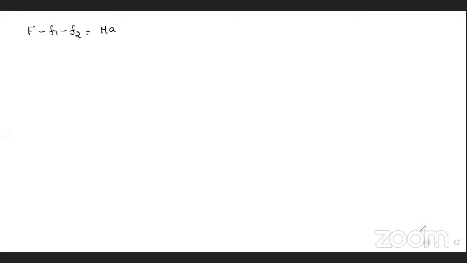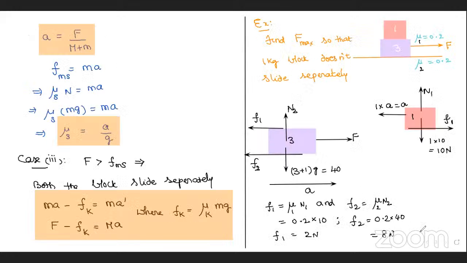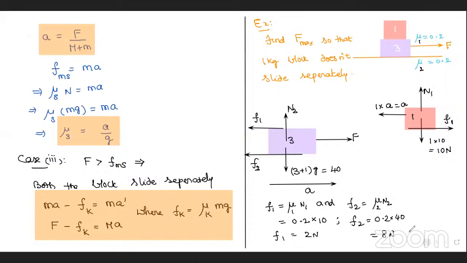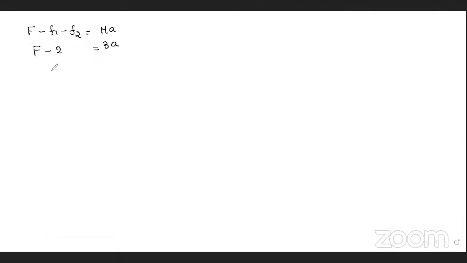Yes, good. F minus F1 minus F2, both in the opposite direction, is equal to capital M into A. Capital M is 3, so this is equal to 3A. F1 and F2 are 8 and 2, so F is equal to 10 plus 3A.